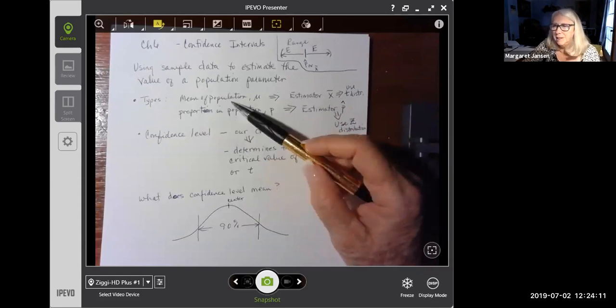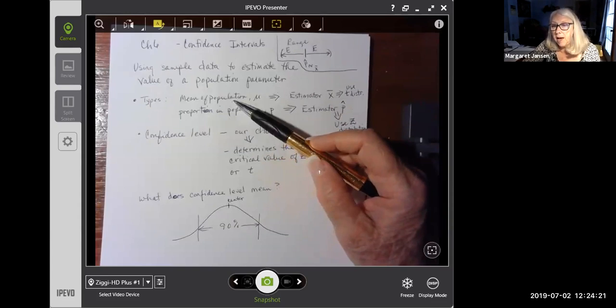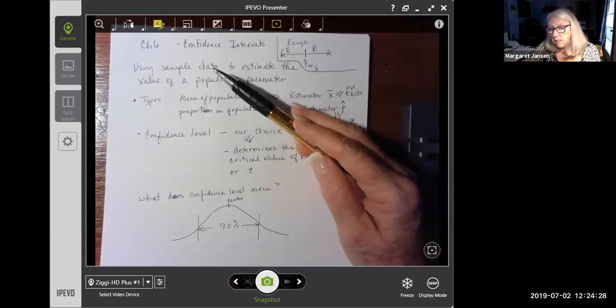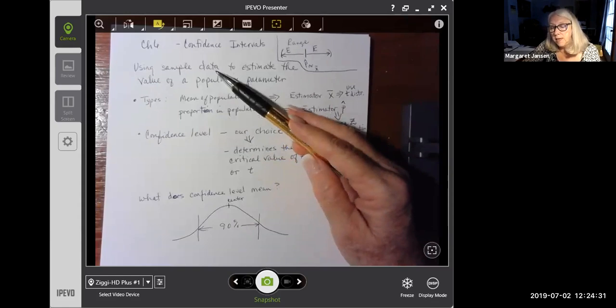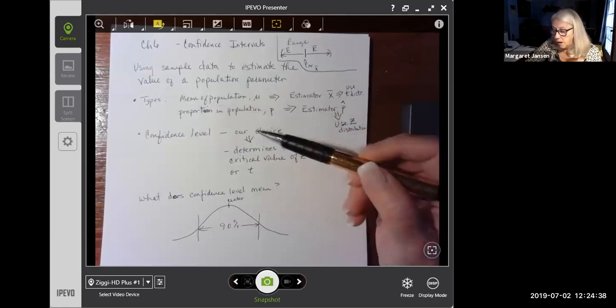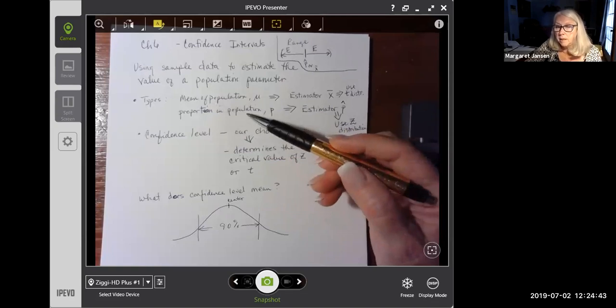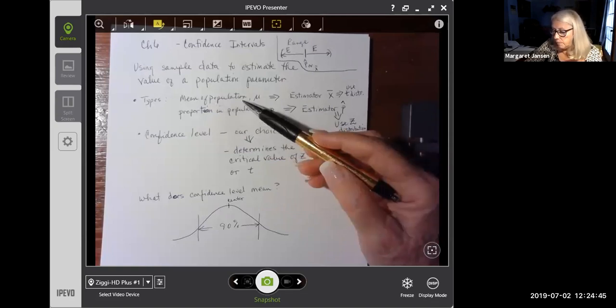Let's say we wanted to estimate what the average salary was of college professors in our area. Well, we can do that, and one of the things that we would need to do is get statistically reasonable sample data for the salaries of professors in our region, and we would try to do that in a purely random way to make the data more reliable.